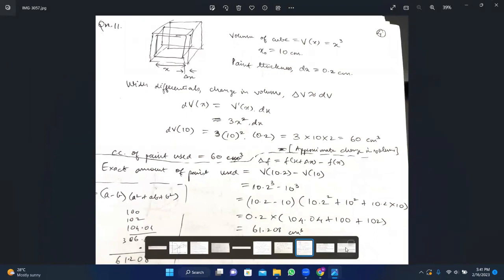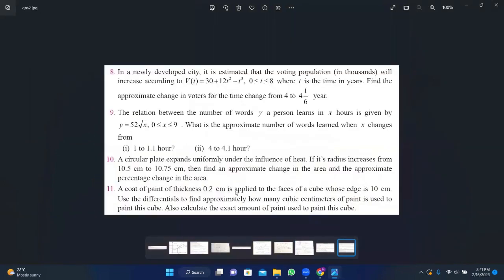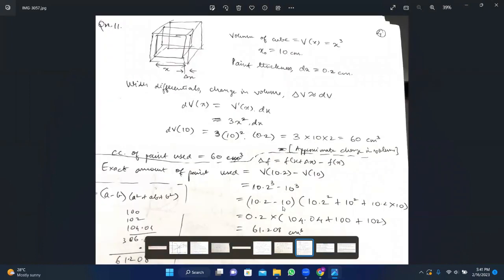In this problem, there is a small confusion over here. The 0.2 centimeters is the paint thickness on the faces. So x naught is 10 and paint thickness dx is 0.2 centimeter.